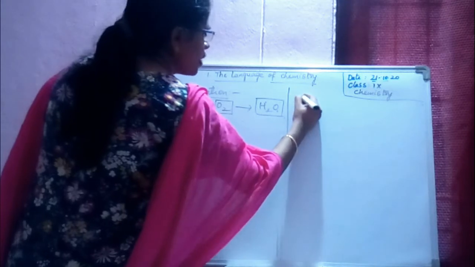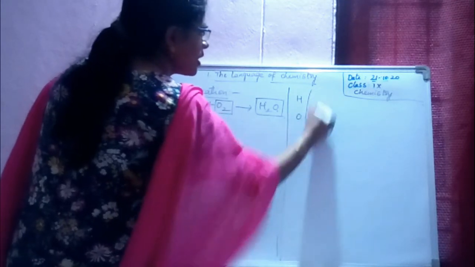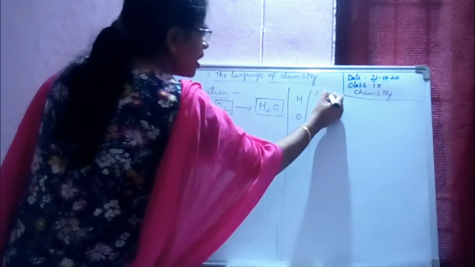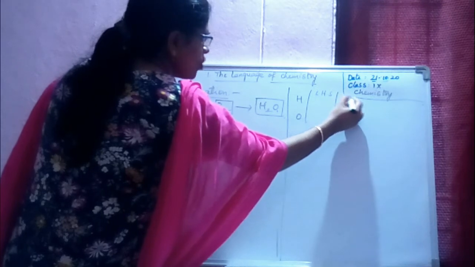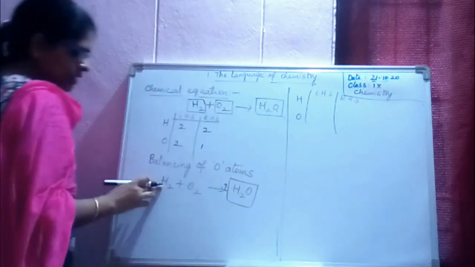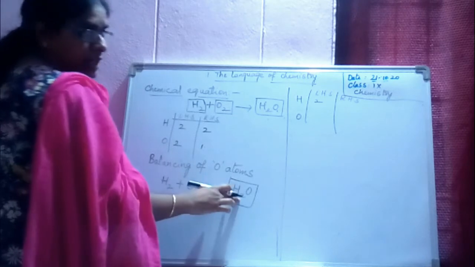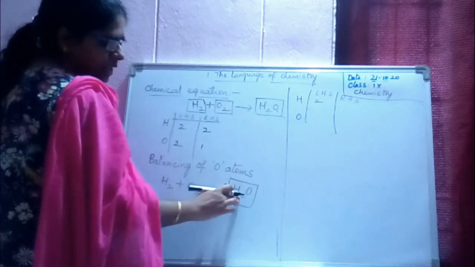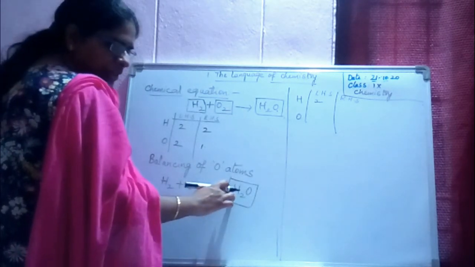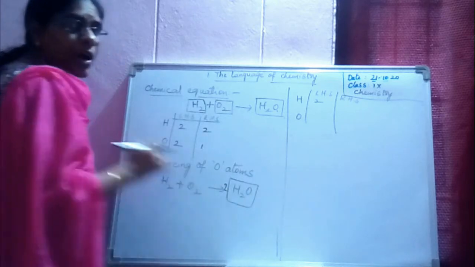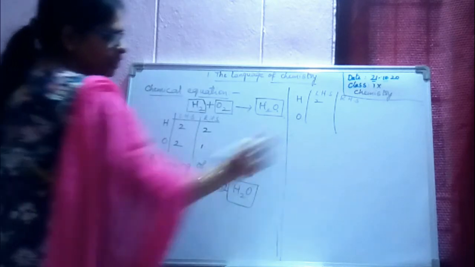Next, look at here. Hydrogens, oxygen, LHS, RHS. How many hydrogens in LHS? 2. How many hydrogens in RHS? 2 into 2. This 2 belongs to hydrogen and oxygen because it is a compound. 2 into 2, 4.